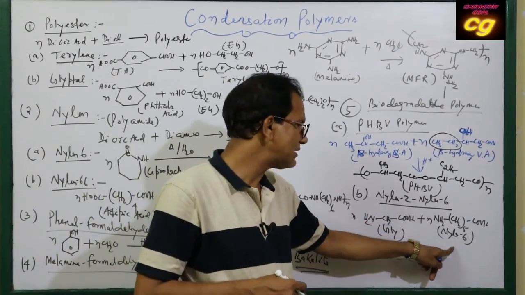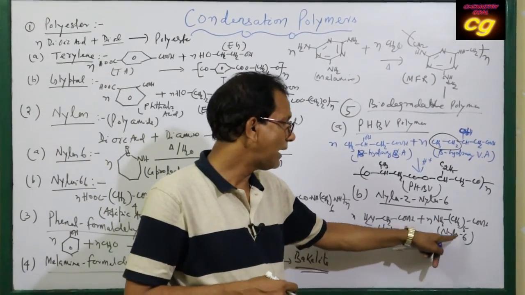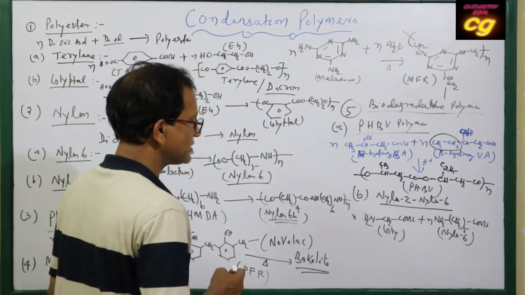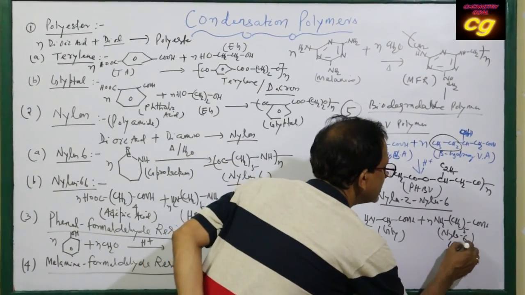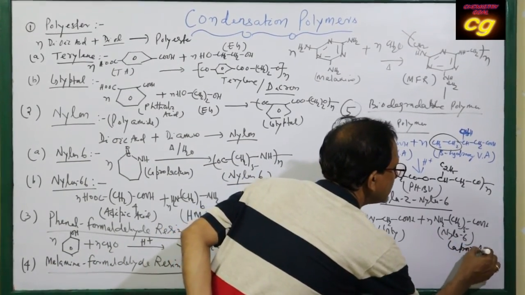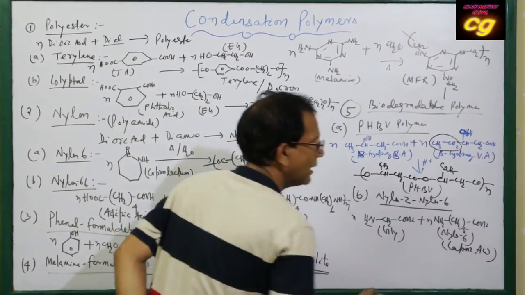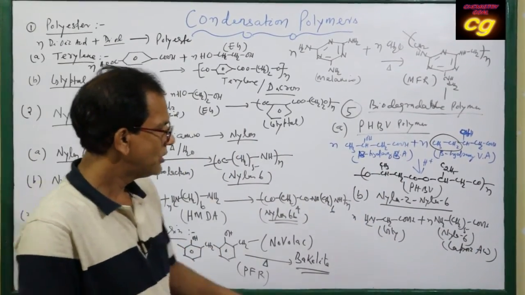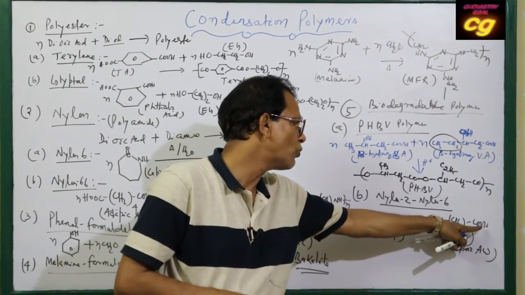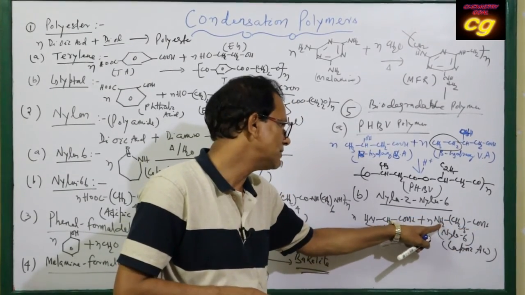It is the part of nylon, and it is also called caproic acid, having 6 carbon. Here CH2 whole 5 and an acid group. So one end acid group, another is amino group.